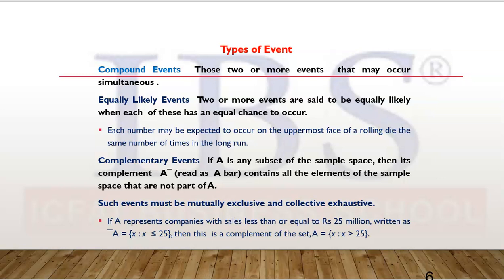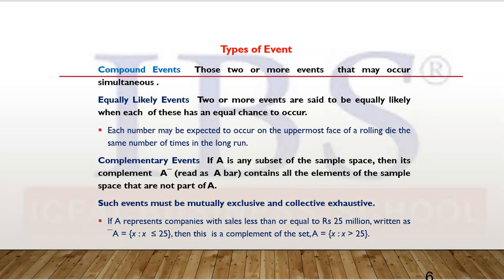The example given here is, if A represents companies with sales less than or equal to 25 million, then its complement is companies having sales greater than 25 million, and so on.